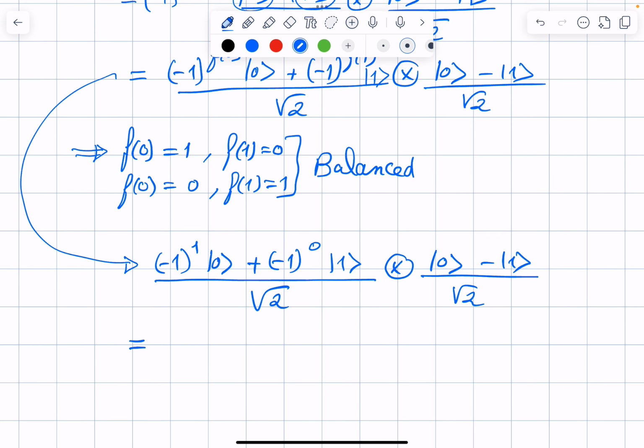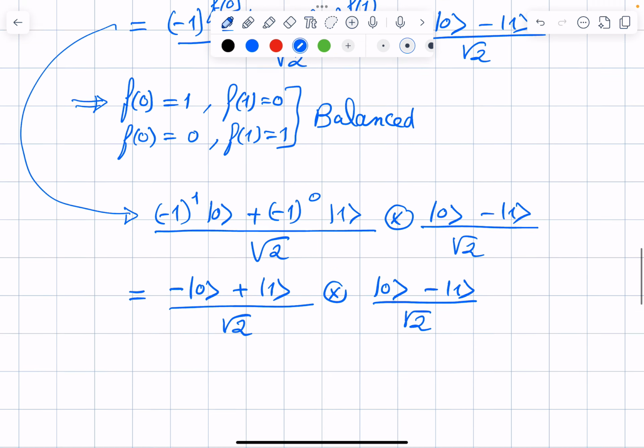This is equal to minus 1 to the power 1, which is minus, and minus 1 to the power 0 is plus, 1 over square root 2 tensor with 0 minus 1 over square root 2.